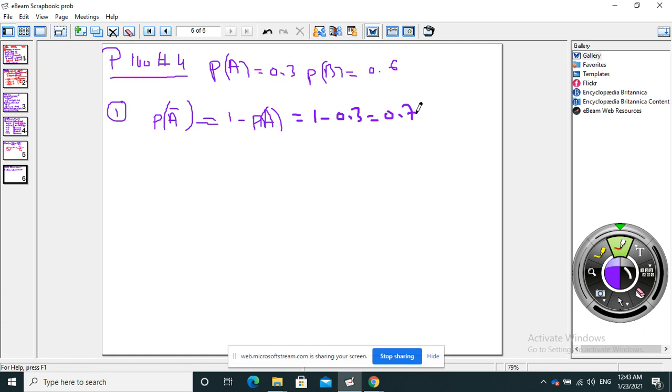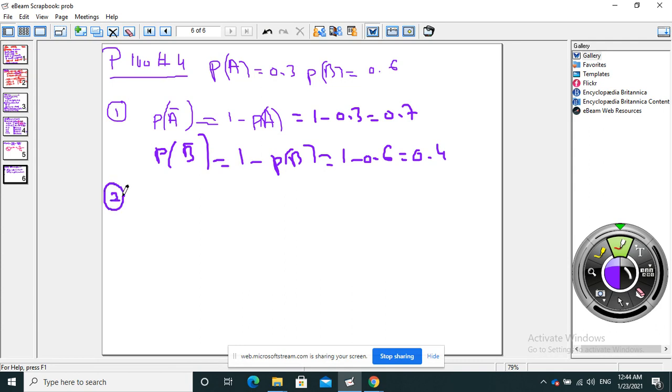Since it's possible cases over the total, the maximum is total over total, which is 1. They also want P of B bar, so it's the same: 1 minus P of B, 1 minus 0.6, which is 0.4.